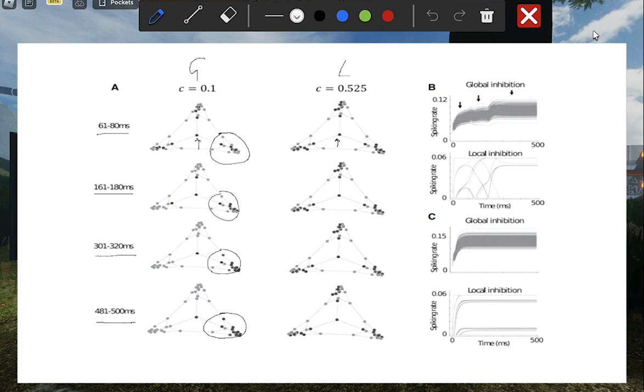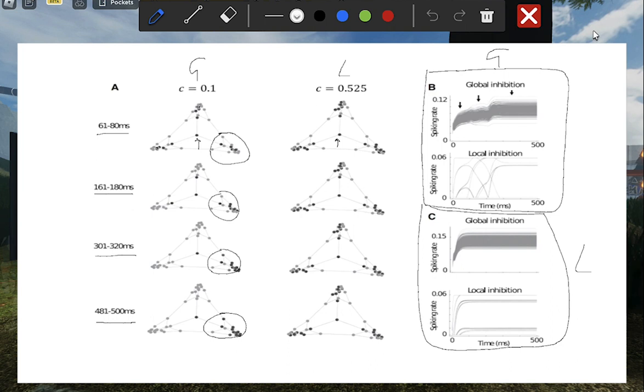In panels B and C, these correspond to the global activity and the local inhibitory activity of all the local and global groups. The global group is just one. Each grey line here is a different trial, and these are from one trial, and these are all different neurons. This one here is for global, and this one here is for local.